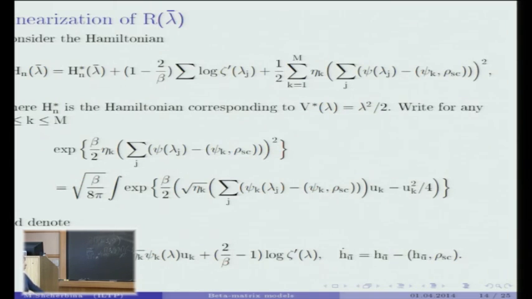And I would like to write the term like this, as a Gaussian integral with respect to uk. It's not written here, sorry, but the integral is with respect to uk. If you denote this guy hu of lambda, it is of course a function of lambda and also of uk. It depends on uk linearly. One more notation which I will use: the dot means that I subtract the expectation.